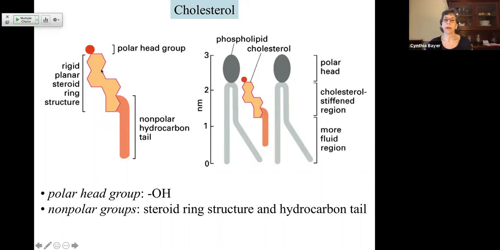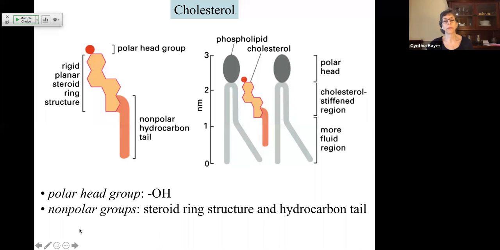This cholesterol molecule will insert itself in that lipid bilayer, sort of in between two phospholipids, with its nonpolar group extending into the nonpolar region of the membrane, and that polar head group exposed to the water.